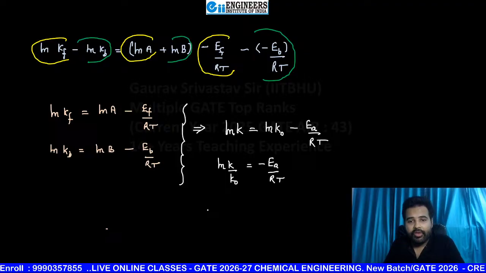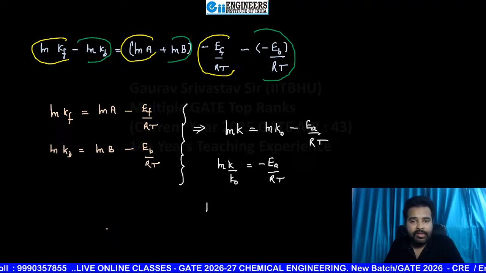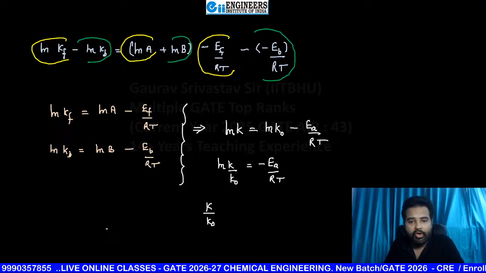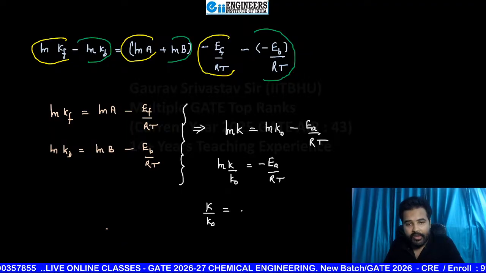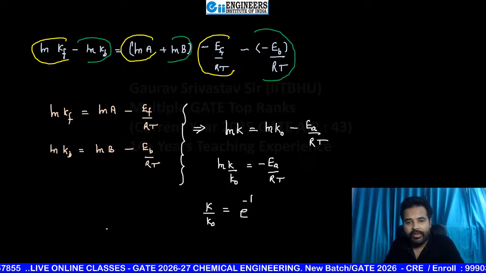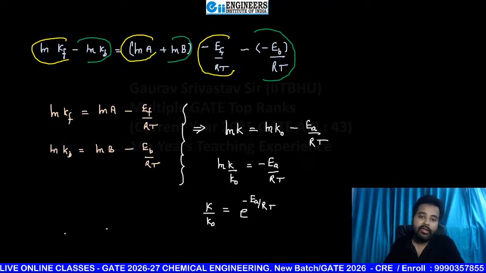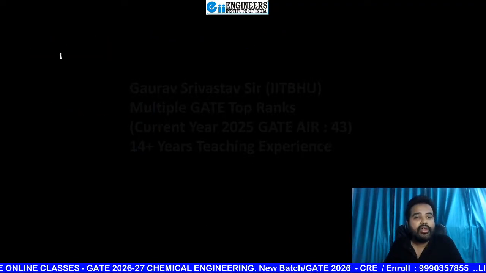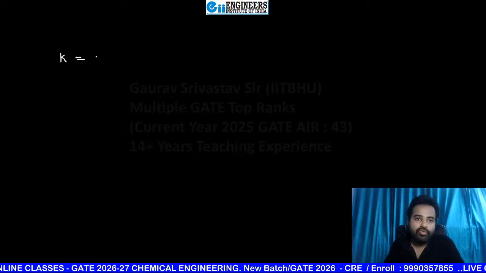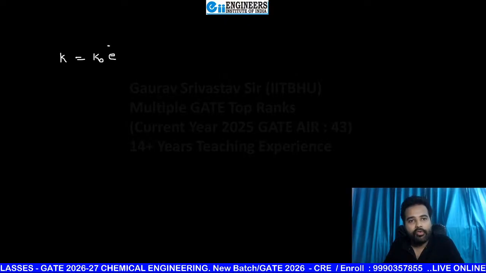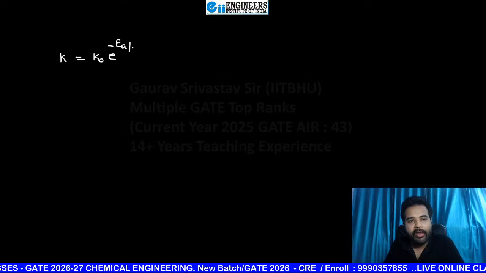Further moving, you can write this equation as k by k naught equals exponential of minus Ea by RT. Further moving, you can write k equals k naught e raised to the power minus Ea by RT.